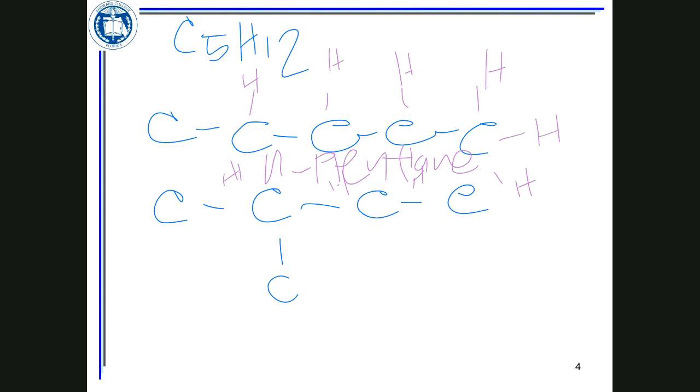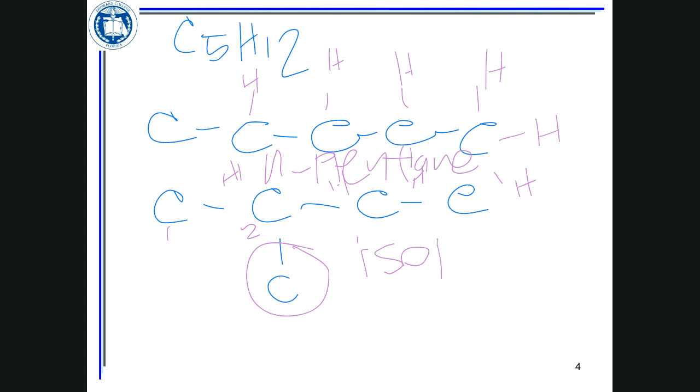Pentane means 5 carbons, all single bonded. This is 5 carbons, all single bonded, but it is not all a straight chain. And we learned that if we have a methyl group on the second carbon, this is the first carbon, second carbon, the prefix iso can be used to distinguish between normal pentane and the second structure where we have a methyl group on carbon number 2.